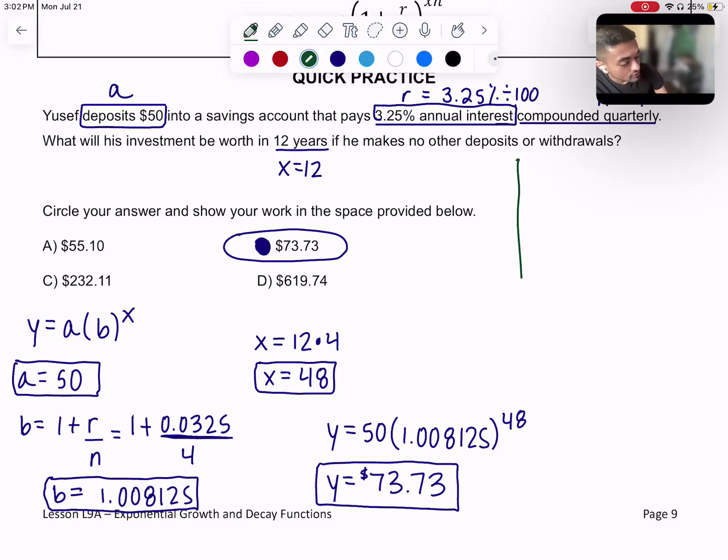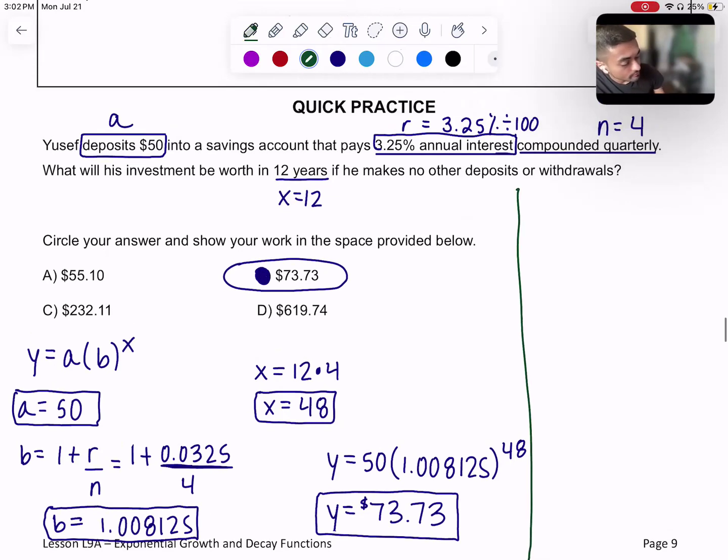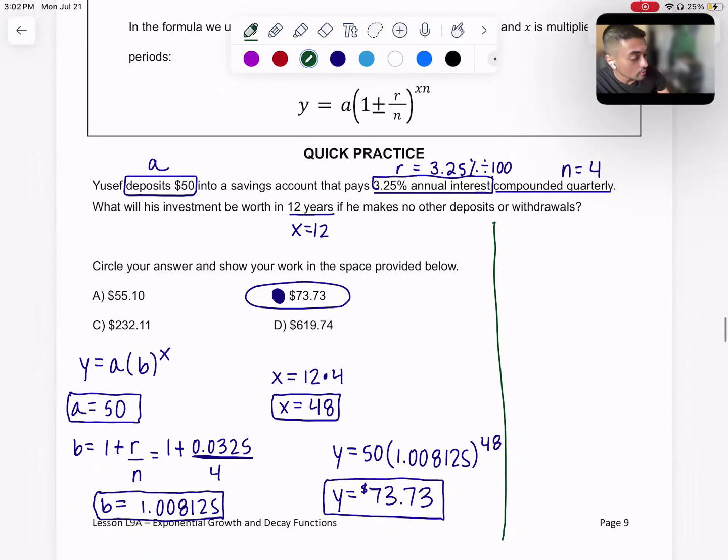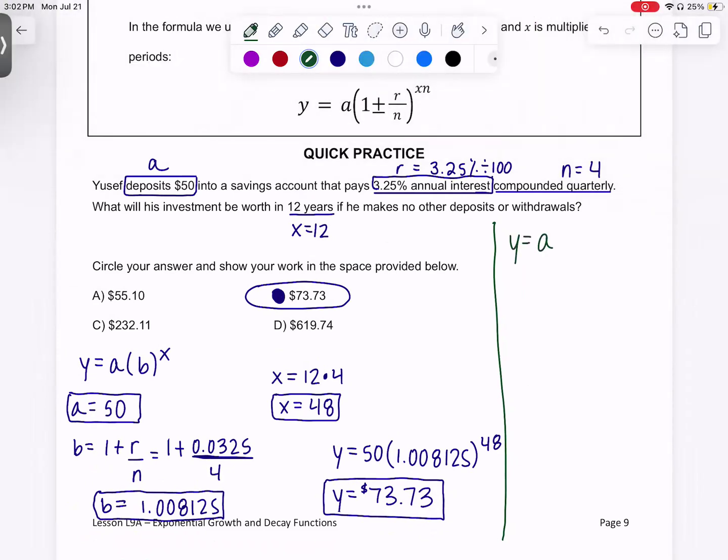If you prefer to just memorize one equation, you can use the one from above: A equals P, parentheses 1 plus R over N, to the power of NT. That's the one on your reference sheet.